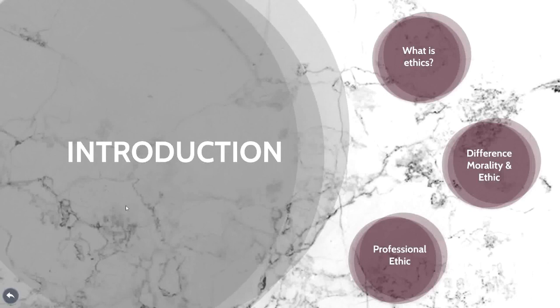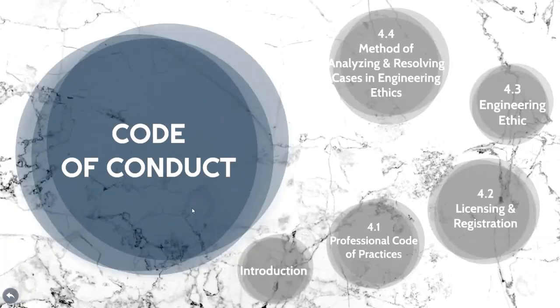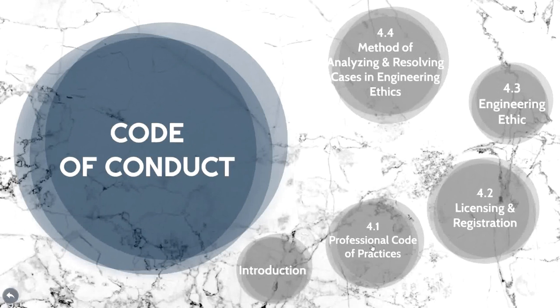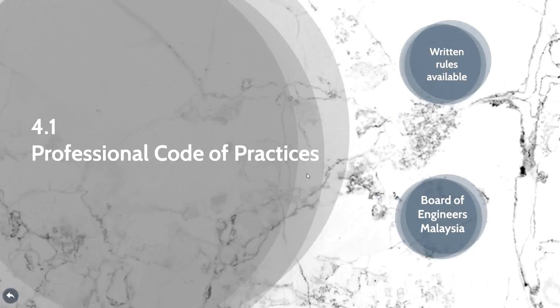Enough with the introduction. Now let's go through another subtopic under the code of conduct, which is 4.1, professional code of practice. For this professional code of practice, a brief explanation of what the code of practice is, is given. Also, in this code of practice, the written rules available for engineering professions are explained.